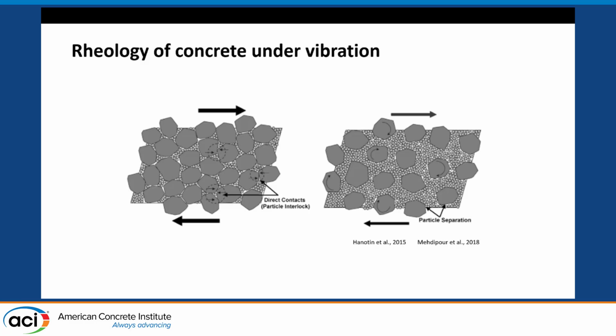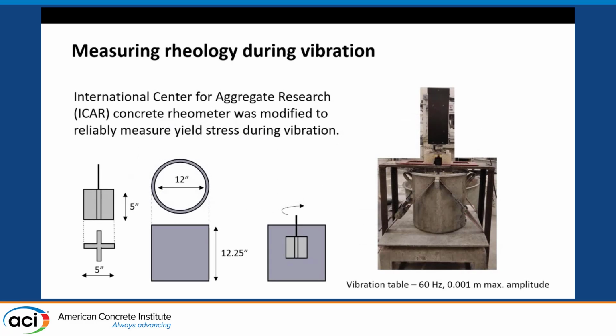In concrete, the aggregates carry a lot of the load acting on concrete, and it's suspended in a cement paste matrix. Now, these aggregates form a contact network, giving rise to yield stress. When you vibrate fresh concrete, the coarse aggregate to aggregate contact network is broken, and it loses a lot of its yield stress. So that was the basic idea for my work.